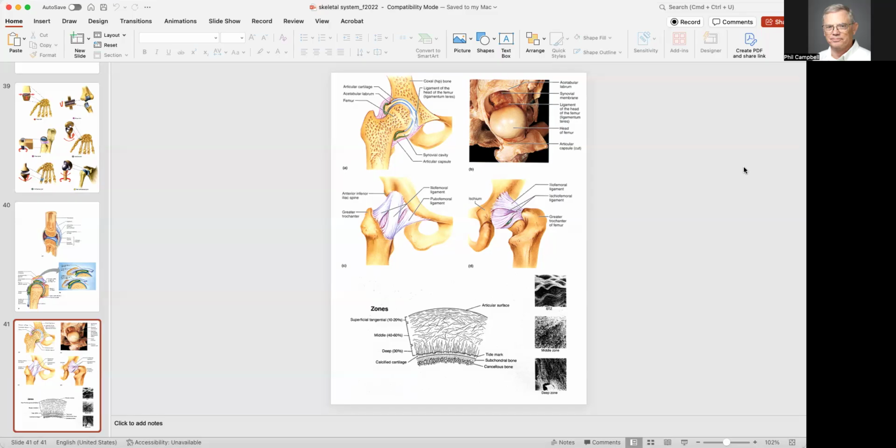In your joints here, these are ligaments, and their primary job is to form and maintain this joint space. They keep the head of the femur in the acetabulum. If those ligaments fail, it doesn't work.